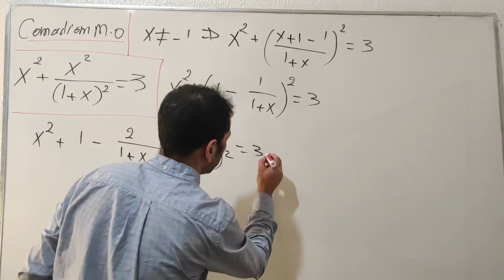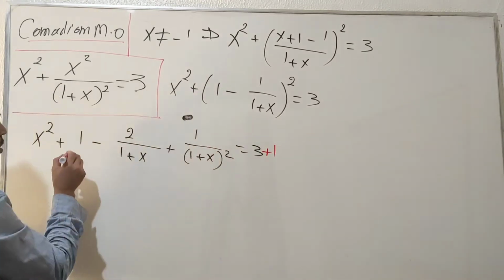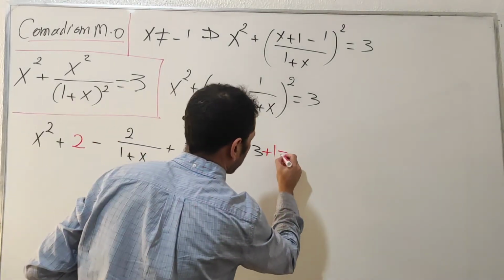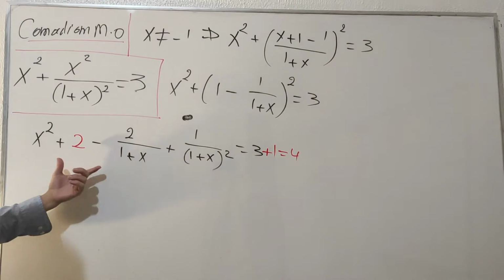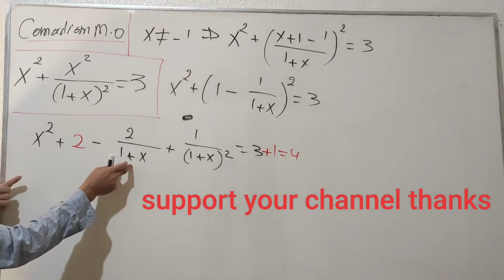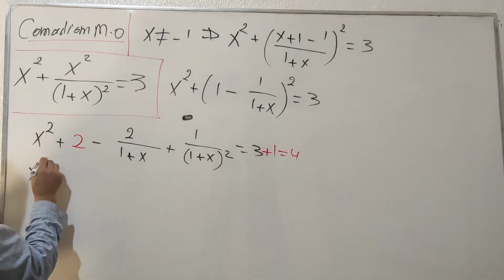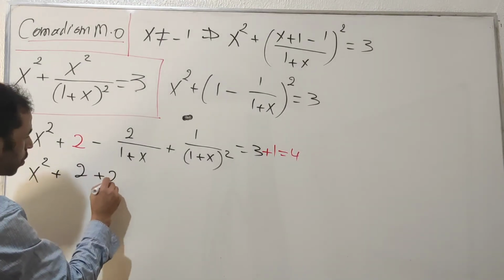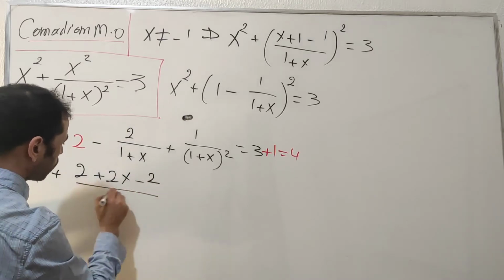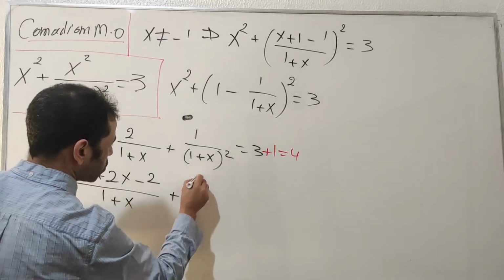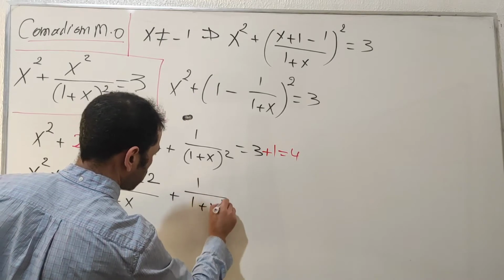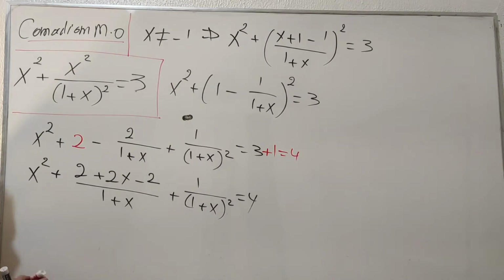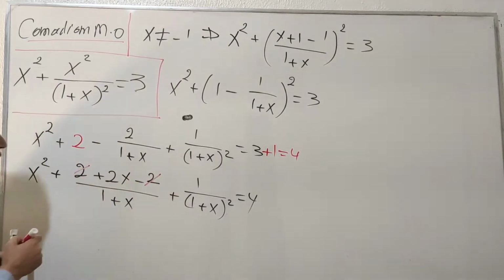Let's use a nice trick here. Let's add 1 to both sides. This becomes 2 because I'm adding 1, and the right side equals 4. Now let's make the common denominator. So I get x squared plus 2 plus 2x minus 2 all over 1 plus x plus the last term, which is 1 over 1 plus x squared, which equals 4. It's clear that this 2 will cancel out with this minus 2.